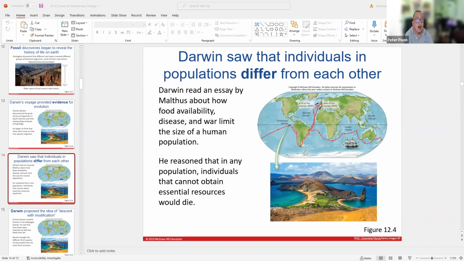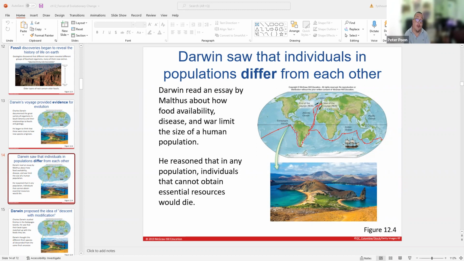But he realized that in any population, individuals that cannot maintain adequate resources would eventually die. When Darwin read that, he applied it not only to humans, but to every animal. Every animal needs a certain amount of resources. If you don't have those resources, you die.